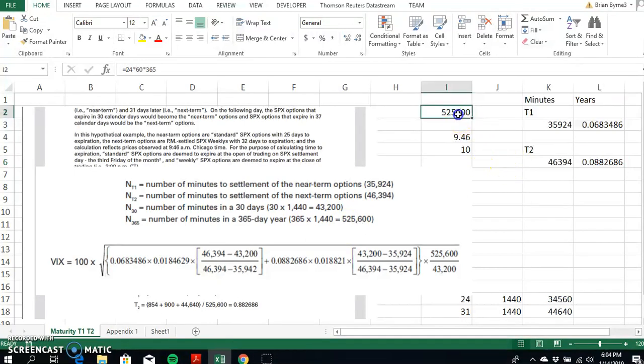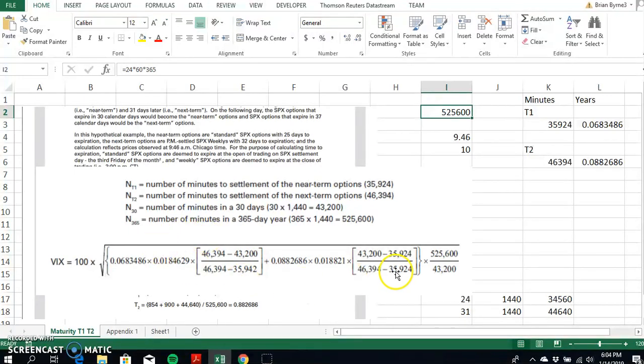That's the number of minutes in any given year. That figure appears here, and then we divide that figure by the number of minutes in a 30-day window, and again the 30-day window is 43,200 minutes.